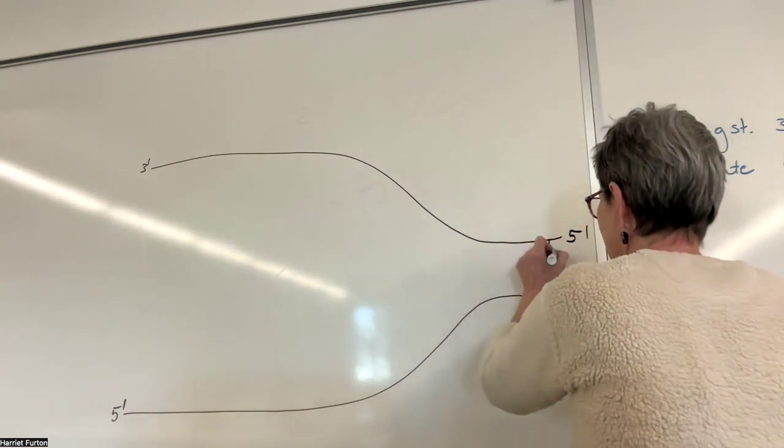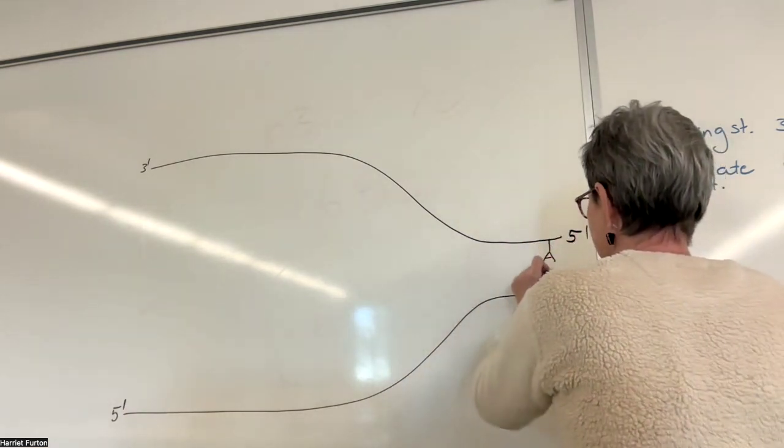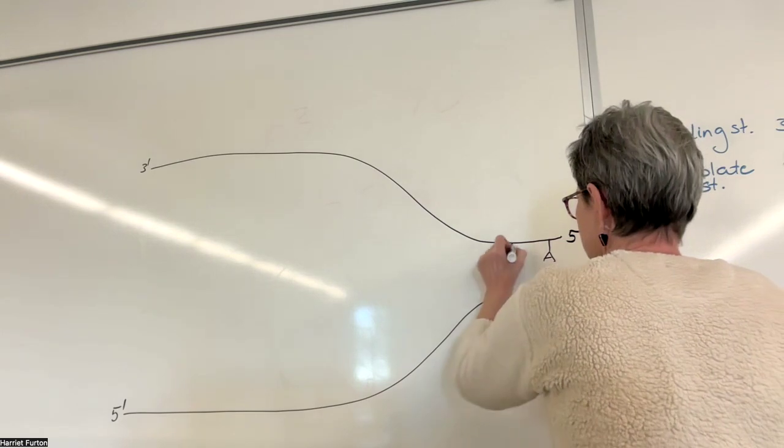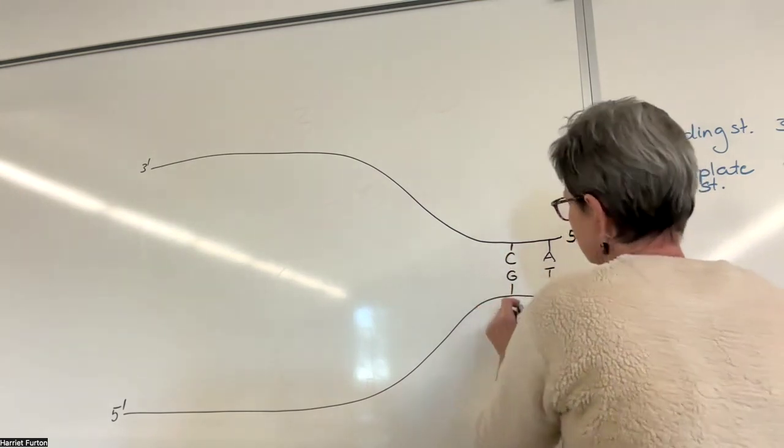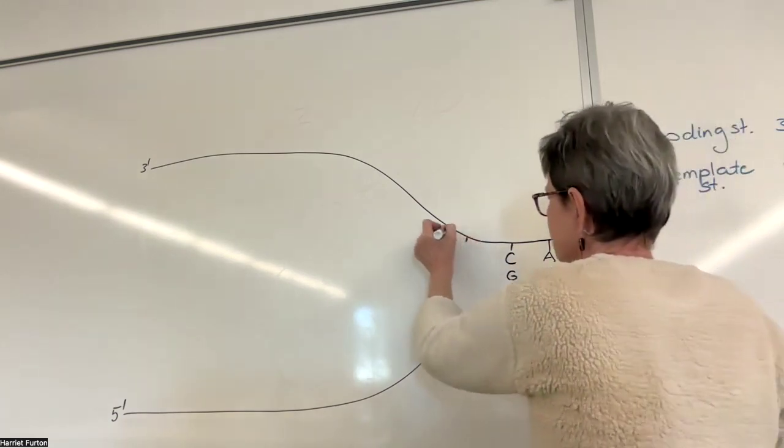Let's say we have adenine, thymine, cytosine, guanine. These are the nucleotides.